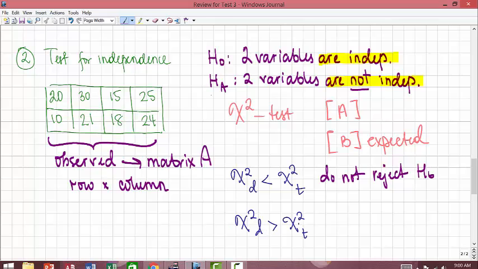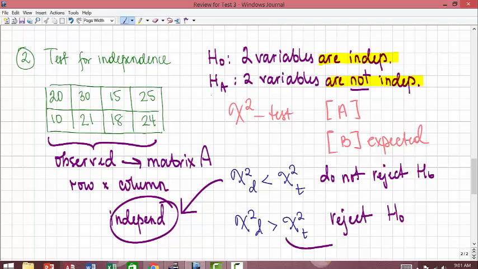If chi-square of the data is greater than chi-square of the table, then we reject H naught. Okay? What does it mean in the context of the problem? Failing to reject means the two variables are independent. Rejecting means not independent. There's some sort of relationship between the two.